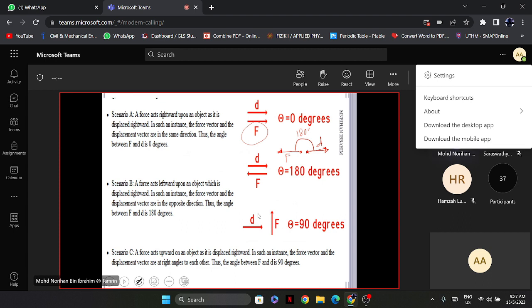Scenario C. Let's have a look at this scenario C. A force acts upward on an object as it is displaced rightward. In such an instance, the force vector and displacement vector are at right angle to each other. Thus, the angle between F and D is equal to 90 degrees.